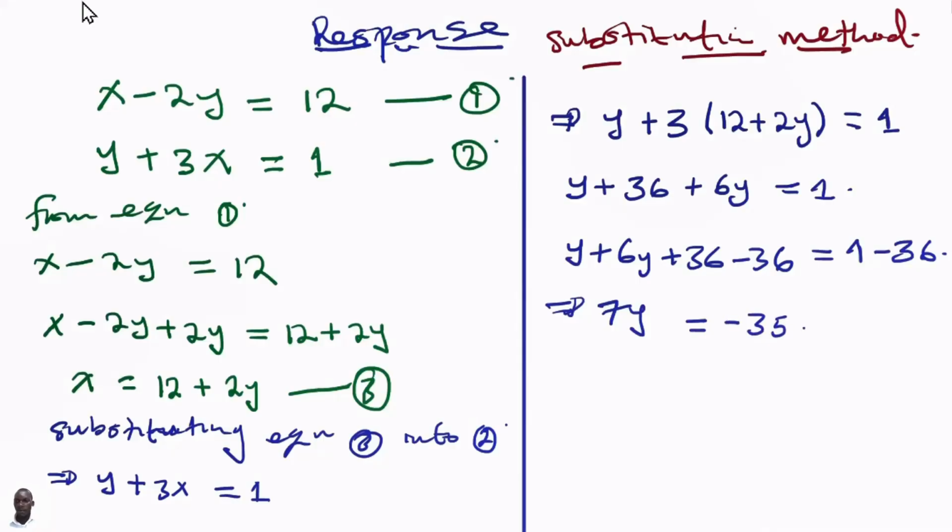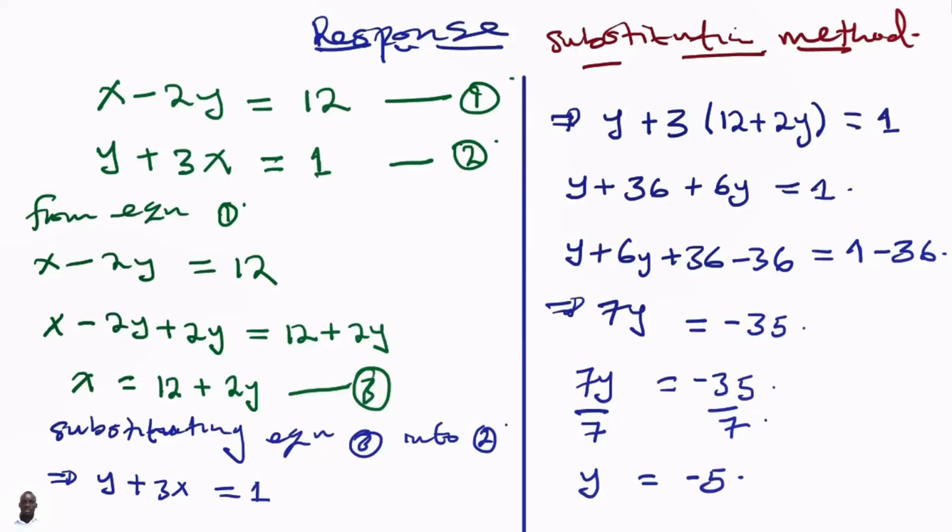Then from here, we make y the subject. As we are having 7y equaling negative 35, we are going to divide it through by 7, implying that y equals negative 35 divided by 7. Our answer is negative 5.